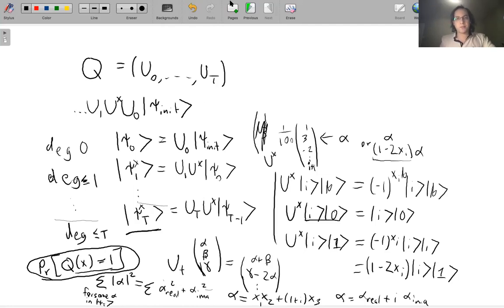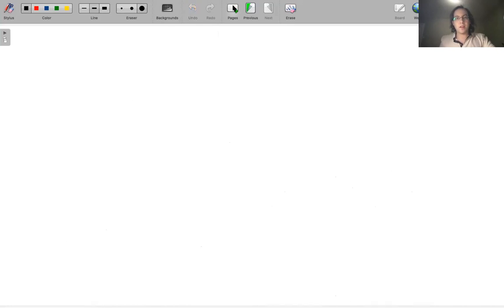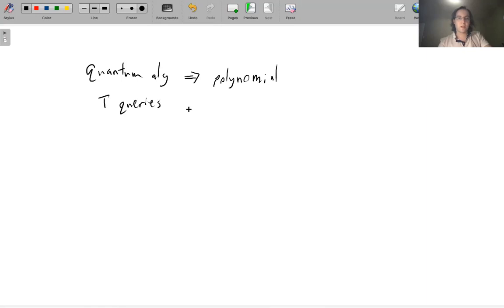So this is the main insight here, and it's a very useful insight for understanding quantum algorithms, and especially for proving quantum lower bounds. So basically, a quantum algorithm with t queries implies a polynomial of degree at most 2t.